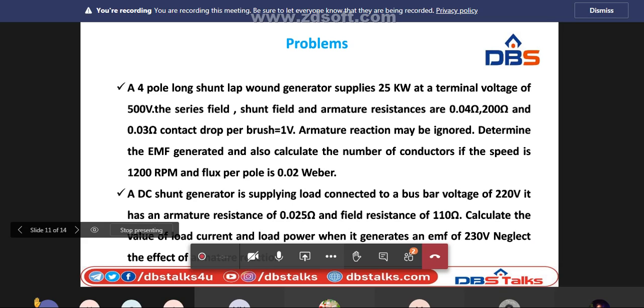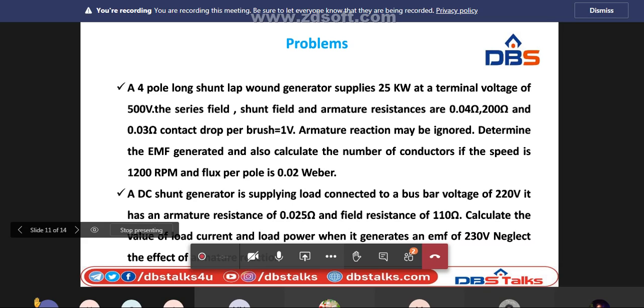Terminal voltage V is 500 volts and brush voltage VB, brush volt. Generally they give 1 volt for a brush. In every armature 2 brushes are there, that's why VB is equal to 2 into 1, that is equal to 2 volts.